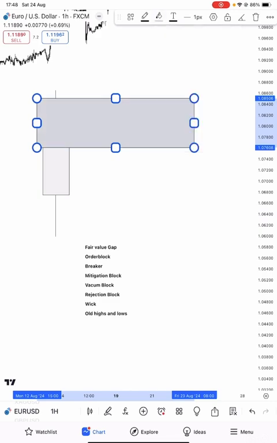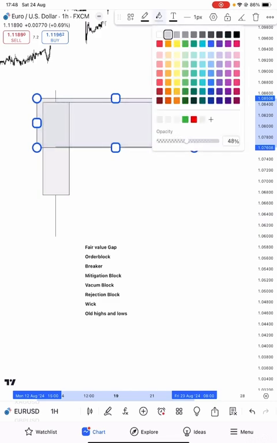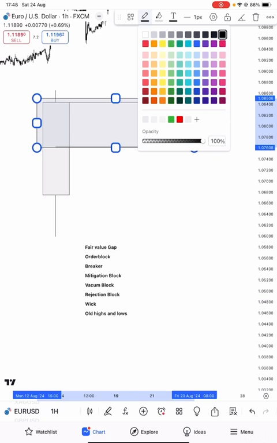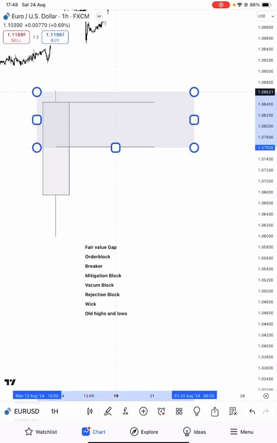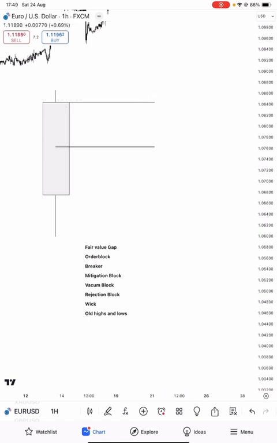But generally you should see price remaining in this area, from the wick to the 50%. If price closes below, and this is important on a higher time frame, if price closes below the opening price, it's reasonable to expect it to reach the 50%.